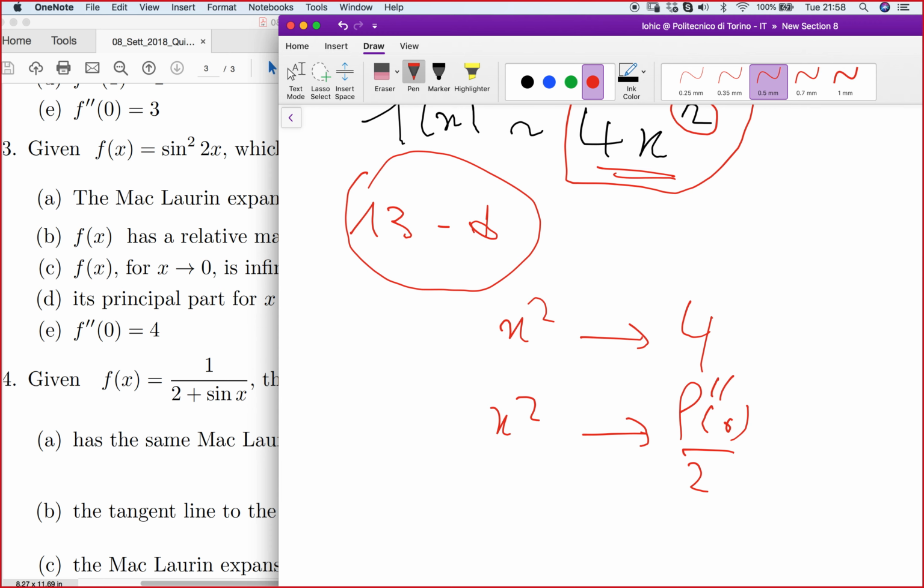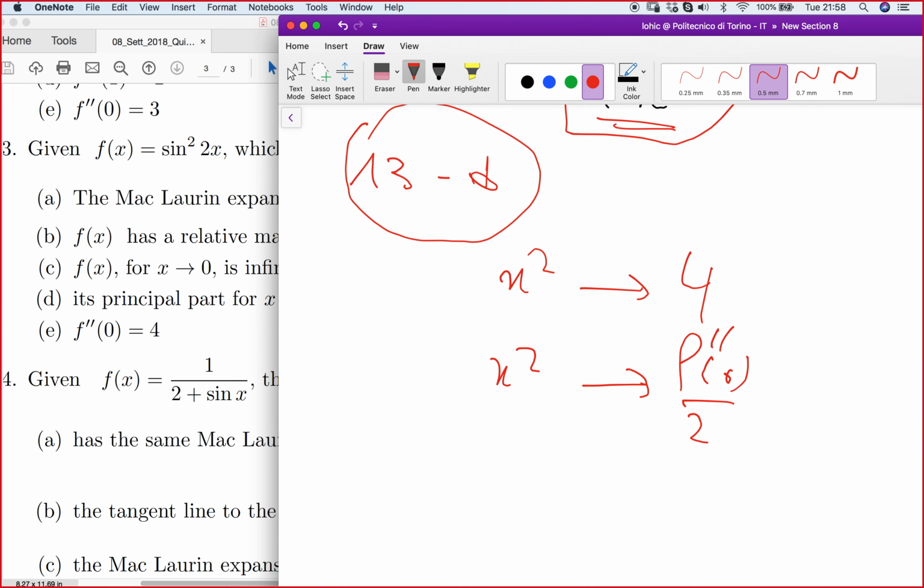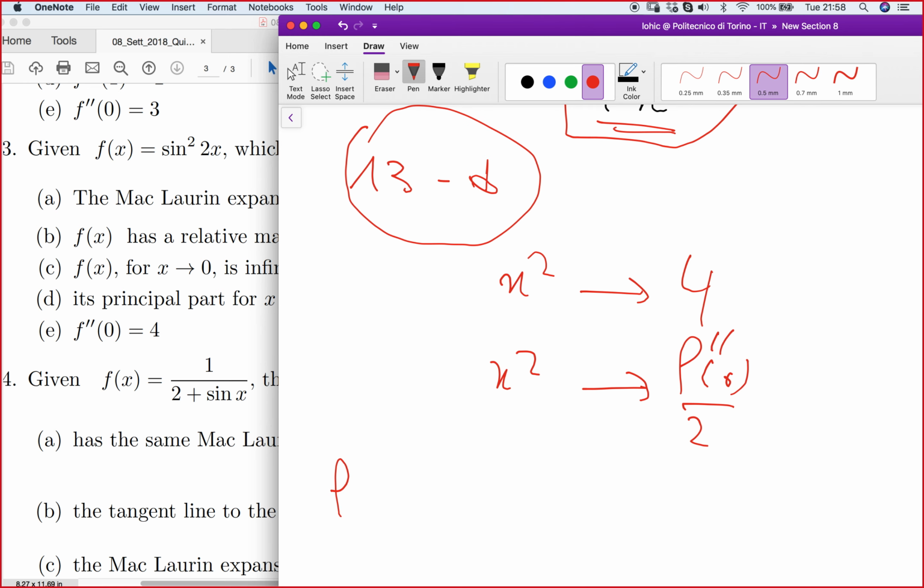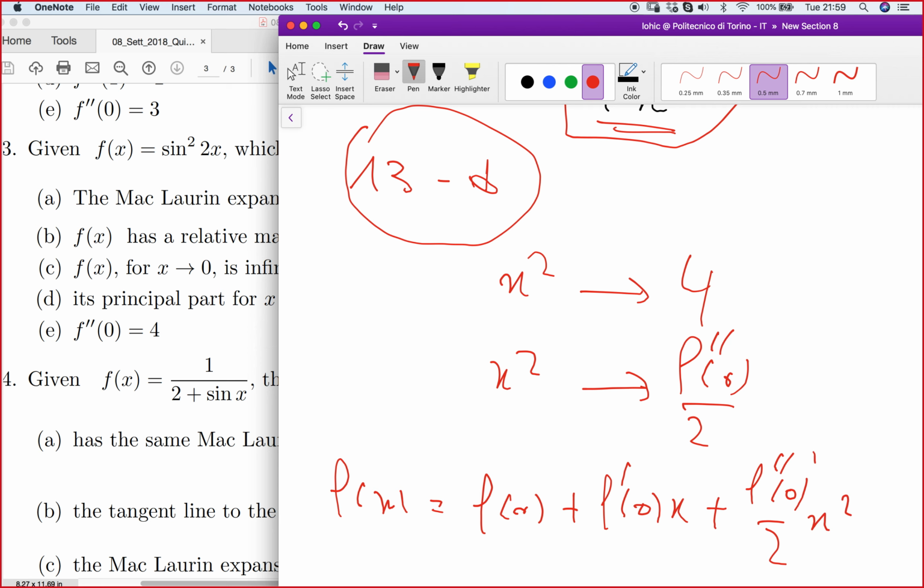Because I remind you that the Maclaurin expansion is f of x equal to f of 0 plus f prime of 0 multiplied by x plus f second of 0 divided by 2 multiplied by x squared. So when I find the Taylor expansion, the number before x squared is the second derivative divided by 2.